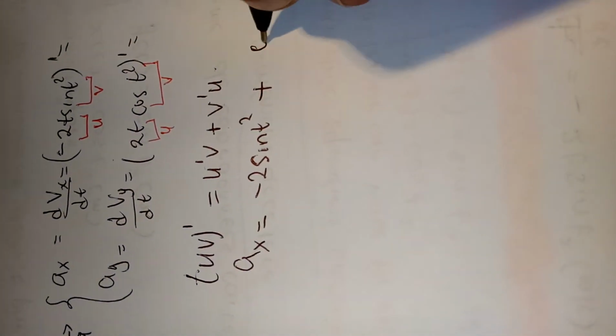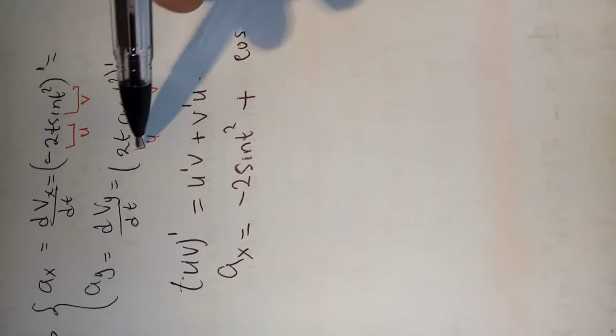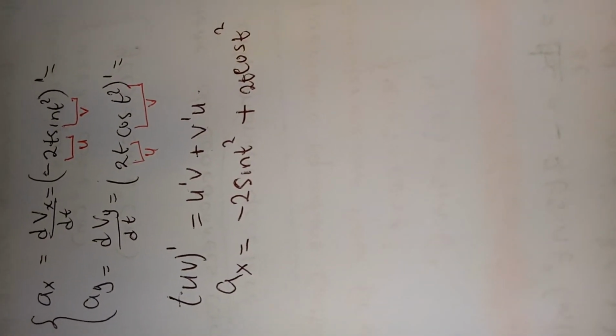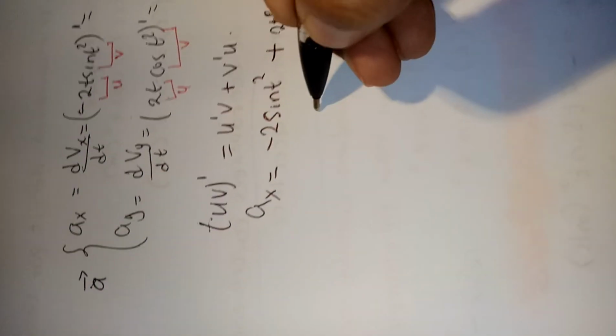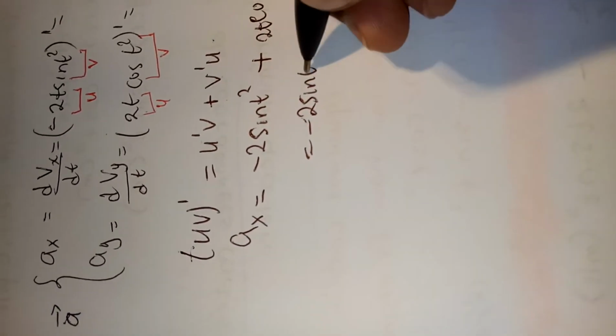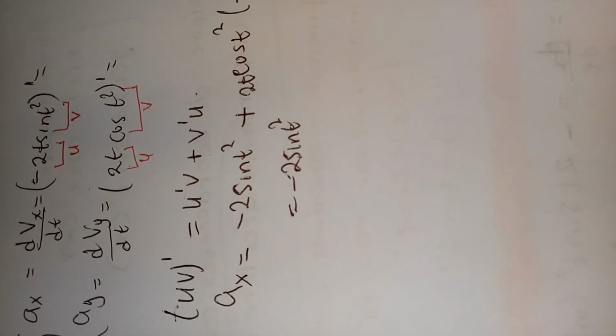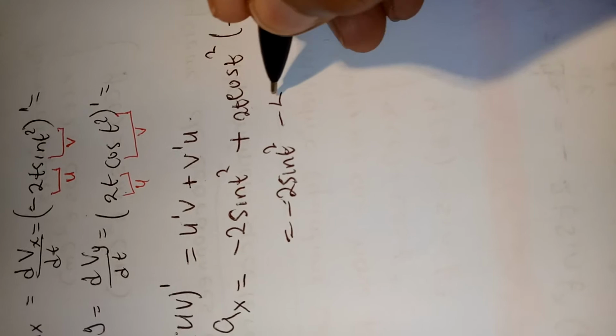So we're going to have cosinus, then our t square, we bring it back, and this is 2t, then we leave our u, negative 2t. So finally we have negative 2 sinus t square, negative 2t times 2t, that's negative 4t square, and then cosinus t square.